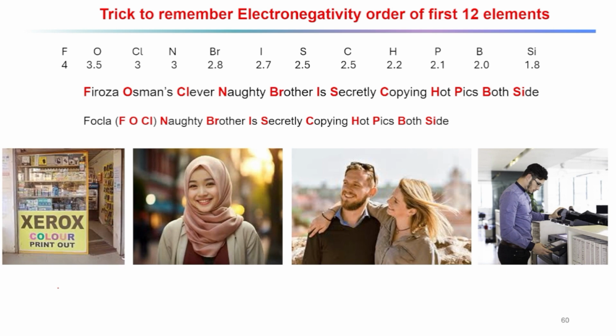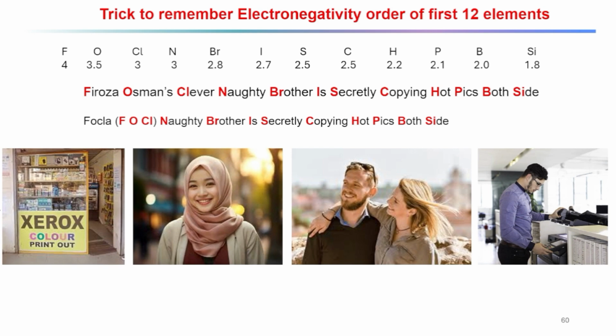Now we will try to remember the electronegativity order of the first 12 elements. This is very helpful actually, and I always remember this in many competitive exams, or during practicals. Many times you need to remember which element has higher electronegativity.